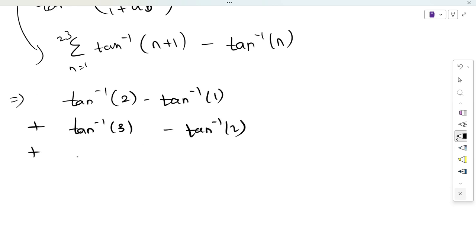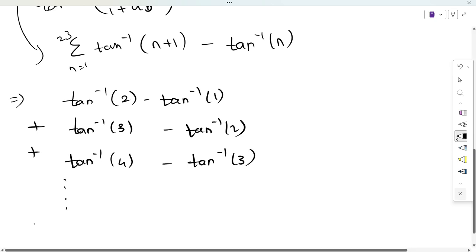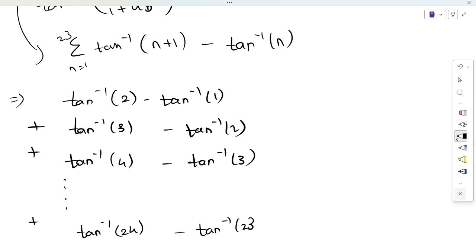If I put n equal to 3, it will be tan inverse 4 minus tan inverse 3, and this will continue up to n equal to 23. Then it will be tan inverse 24 minus tan inverse 23, and the term previous to this will be tan inverse 23 minus tan inverse 22.